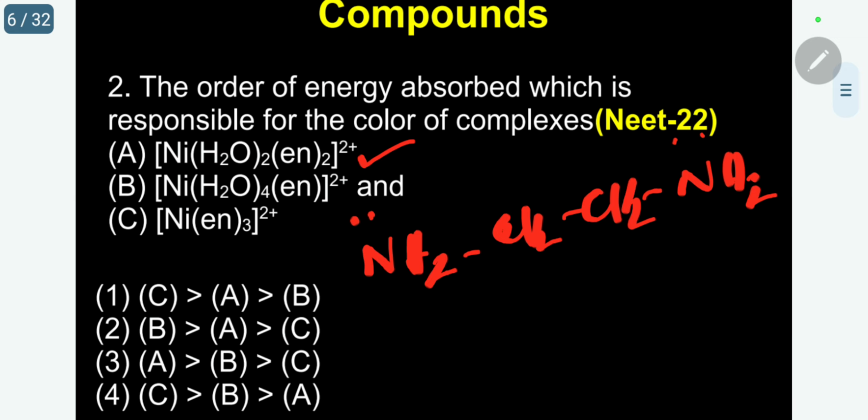Didentate ligand. The next is single. And third is 3. Kindly follow. So the order should be C greater than A, then greater than B. Because in C, 3 en is there, in A, 2 en is there, in B, 1 en is there.